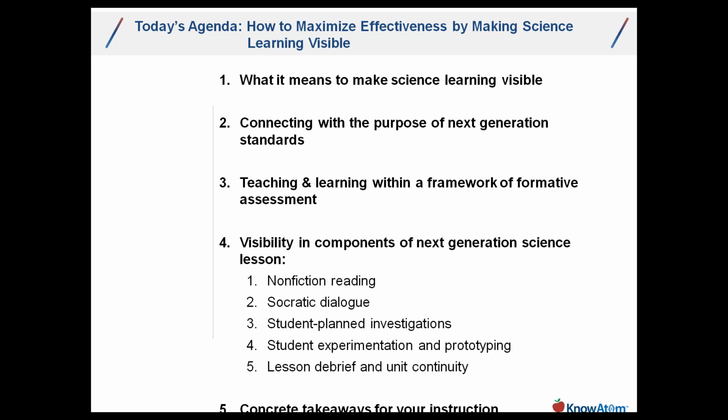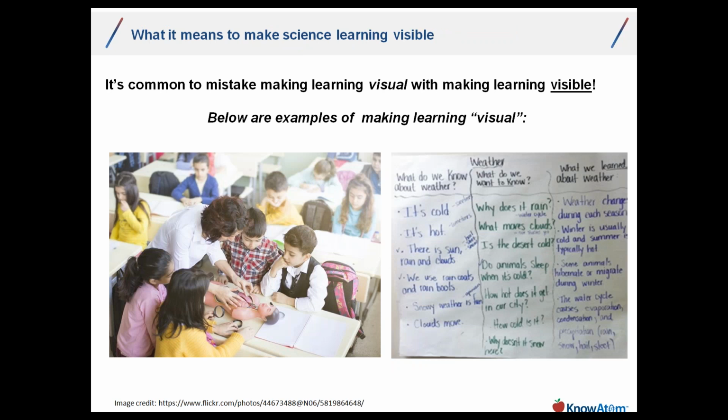So jumping right into what it means to make science learning visible. One of the issues with this term visible is that many people make the mistake that visible means visual. So the 2 images you see on your screen right now are examples of making learning visual, sort of your classic demonstration, teacher showing students something with a model, okay?